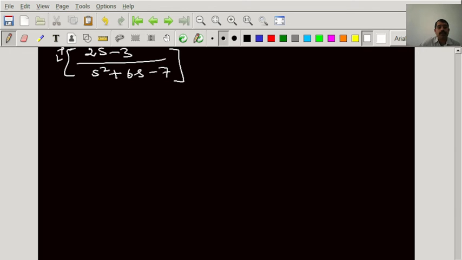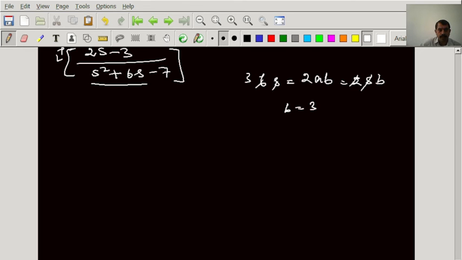So what we must do? We are going to split this one. 6s is nothing but 2ab form and a is s. So here we can split, we can cancel some of the terms. So b equal to 3.